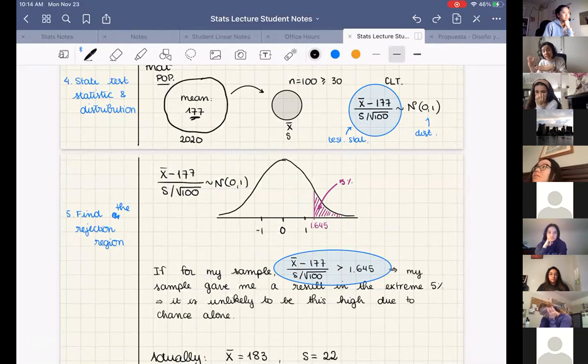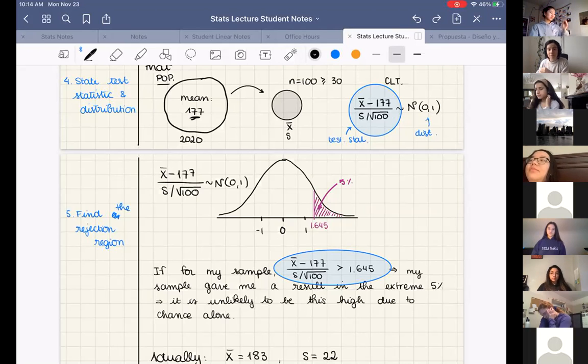Because that result only happens 5% of the time, it is very unlikely based on that original assumption, and I am going to conclude that my original assumption is not true. But it is still possible that even if my original assumption was true, I got one of those extreme results. It's just that it's so very unlikely that I'm going to conclude that that's not what happened. Does that make a little bit more sense, Kaya?